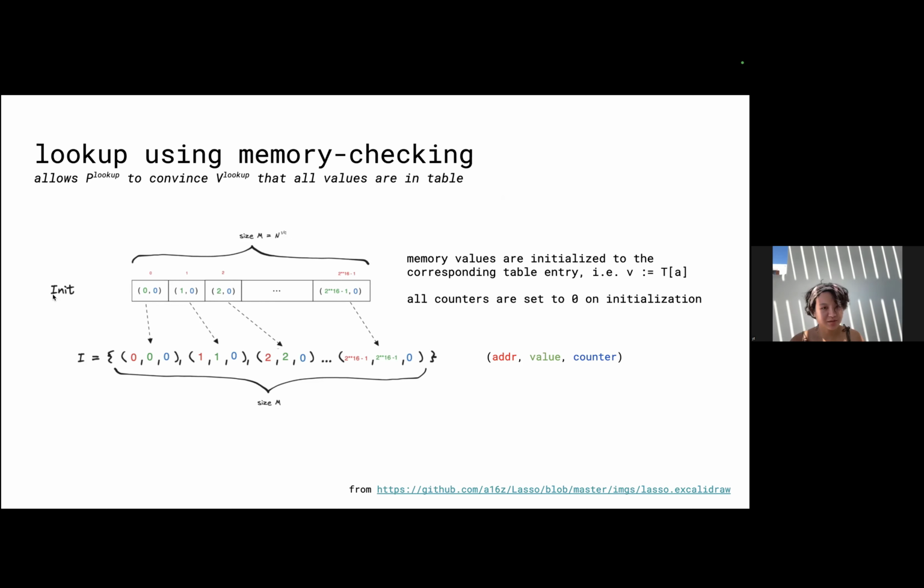The example I have here is taken from a figure in Lasso's directory, and this is how they're using a memory checking argument internally in their lookup argument. So the direction is flipped a little bit.